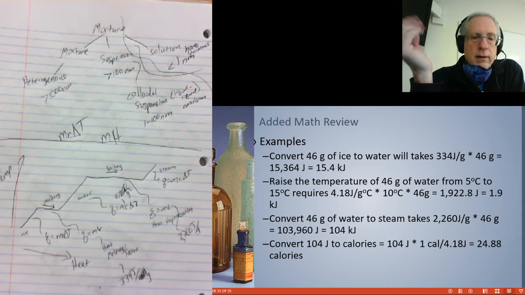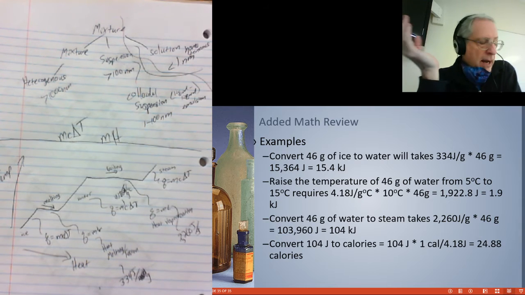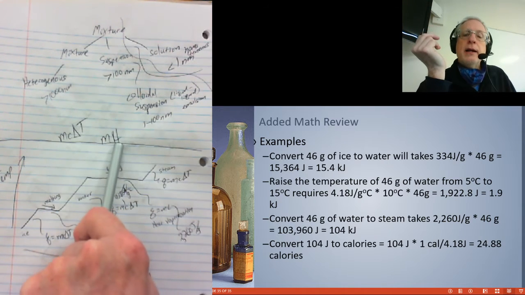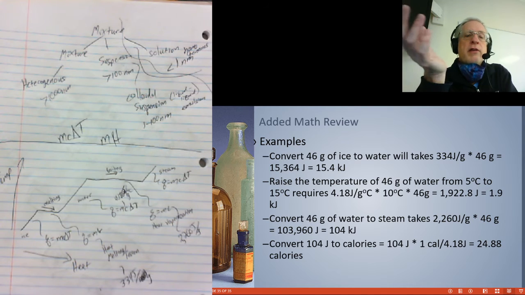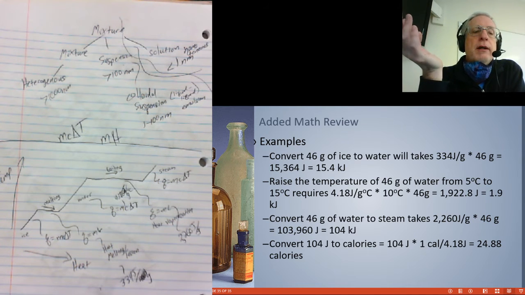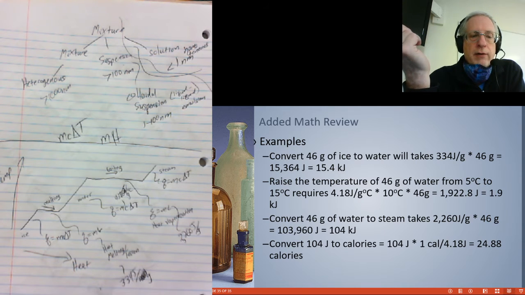So mass times the heat is 46 grams times 334 joules per gram, which would be 15,364 joules or 15.4 kilojoules. So it takes 15.4 kilojoules to melt 46 grams of ice.